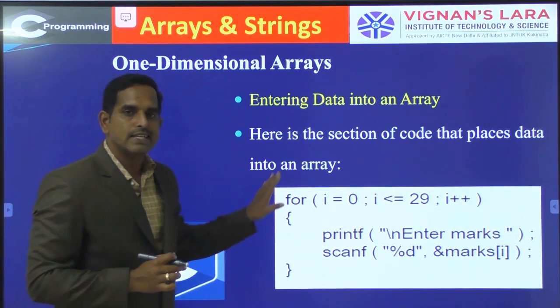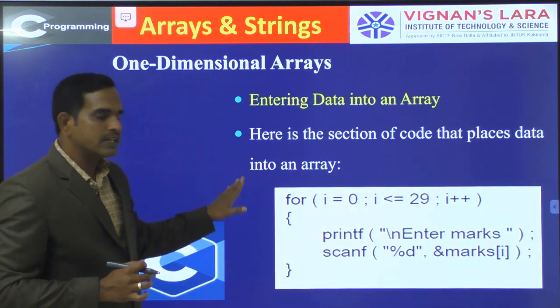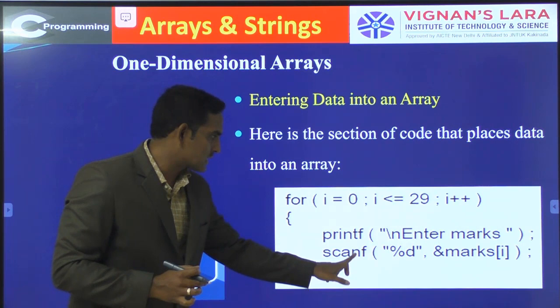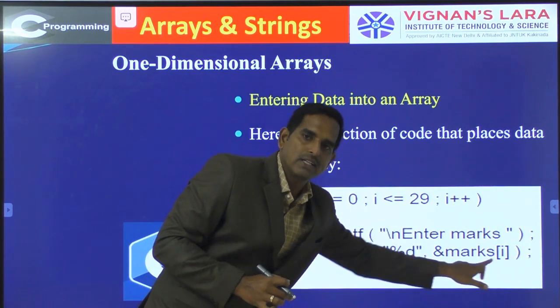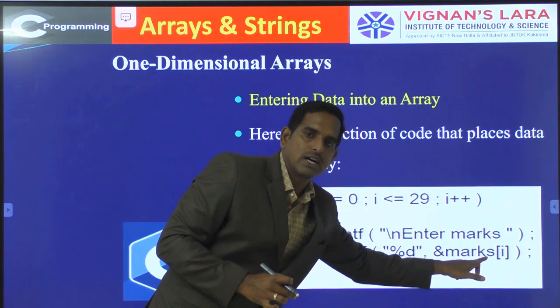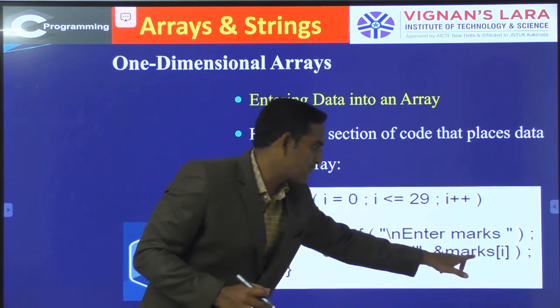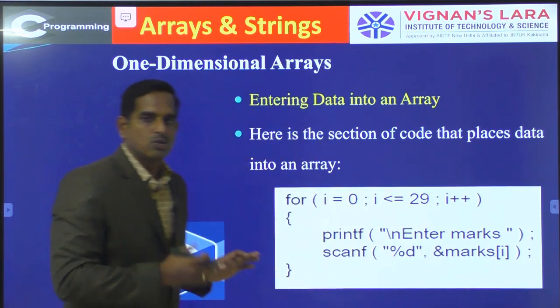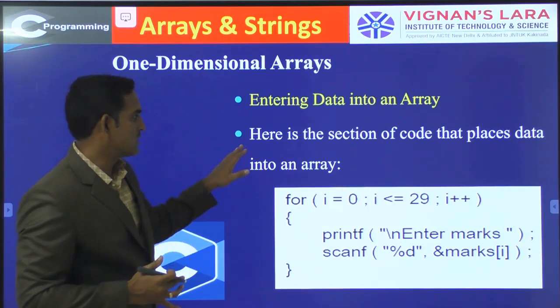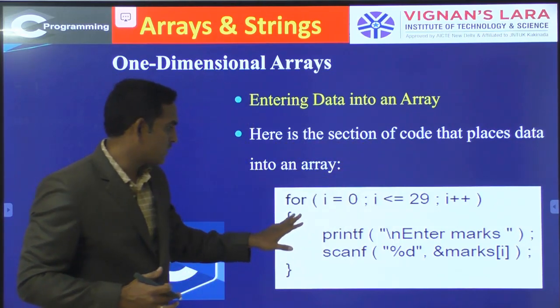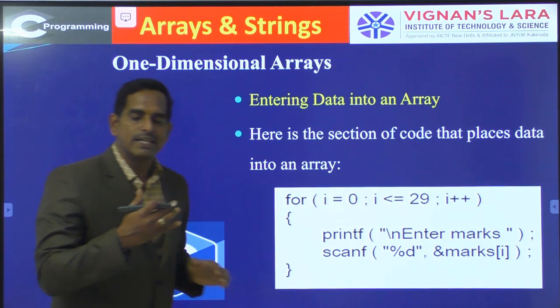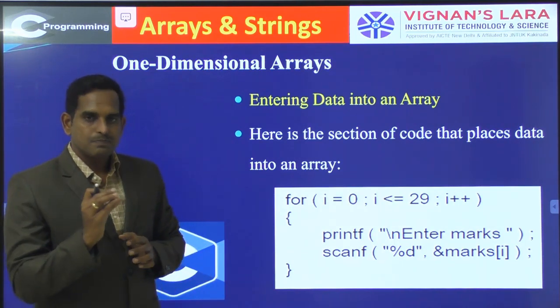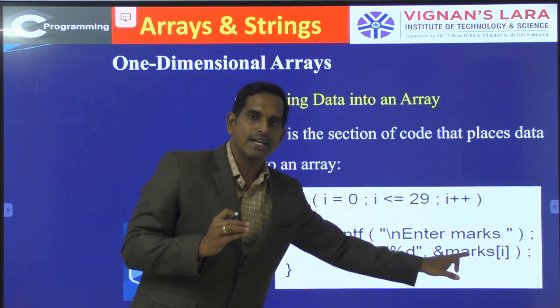How can you enter data into your array? You can enter data into your array by using scanf followed by the complete accessing expression. That is, you place your array name followed by the subscript to tell what you are trying to access. Here you have the code where you can use scanf to enter data into particular elements by using individual access.